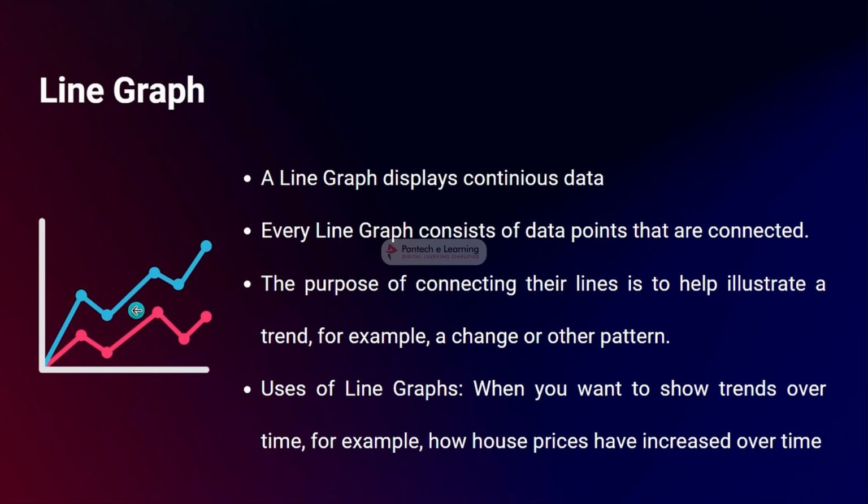Even though it dips at some parts, it keeps on increasing, then decreases, then increases again. There is a trend which you can visualize. The use case of a line graph is when you want to show trends over time, for example, how house prices have increased over time, or the stock price. You could use a line graph.